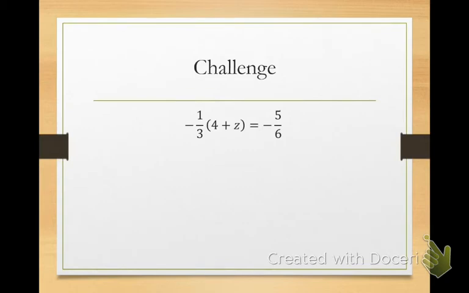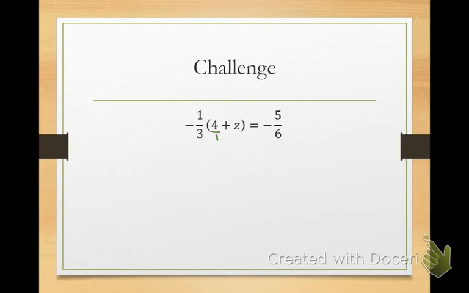Okay, let's do this. So we see now distributive property of a fraction. Okay, so negative 1/3 times 4. But do you agree that 4 is the same thing as 4 over 1? Does anybody want to answer this for me? What would negative 1/3 times 4 be? Times 4 over 1?